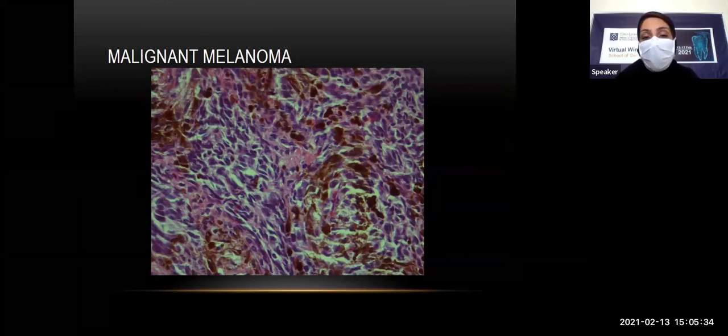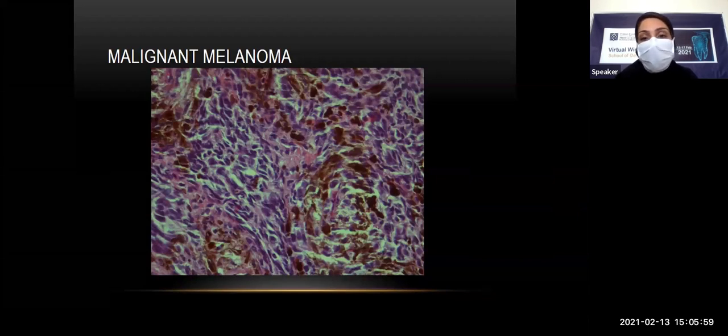We face a proliferation of spindle cells that are very dysplastic, very huge in size, demonstrating pleomorphism and numerous atypical mitotic figures, and also basal cells admixed with melanin aggregation, as you see in this slide.